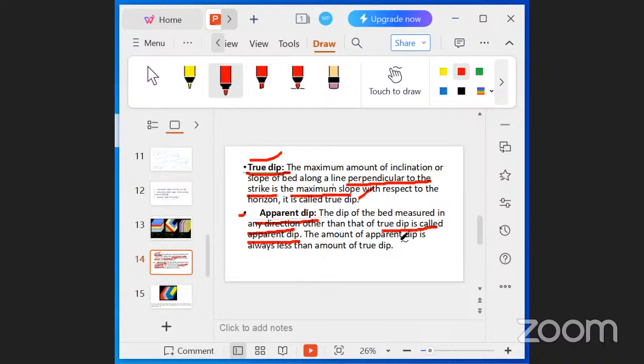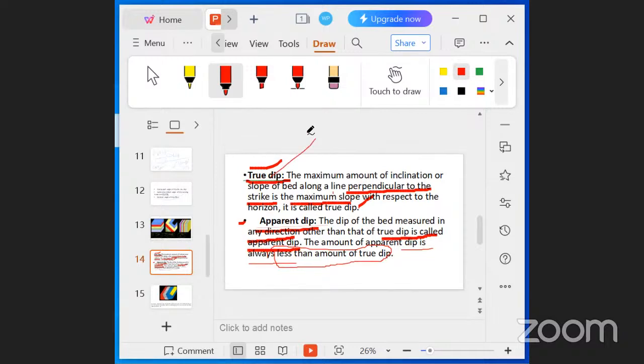The amount of apparent dip is always less than the amount of true dip.